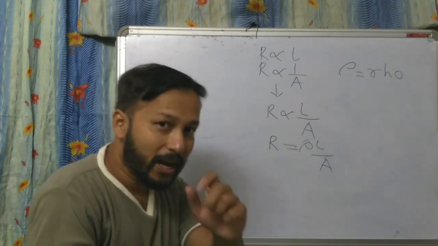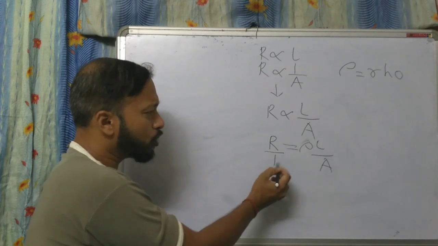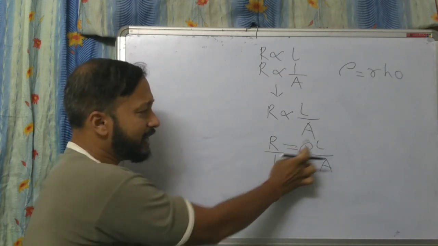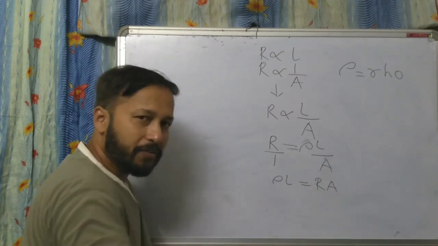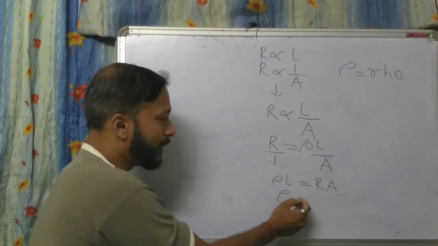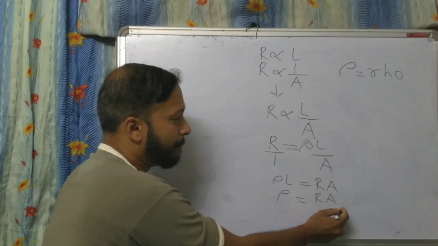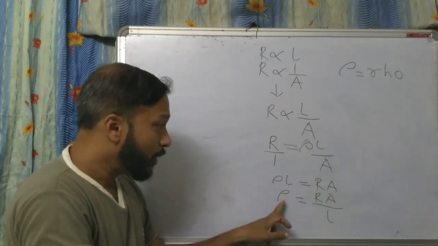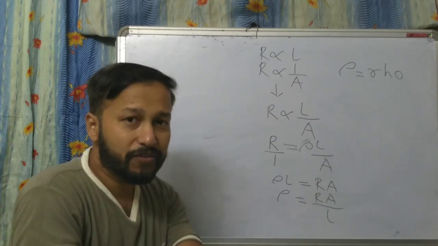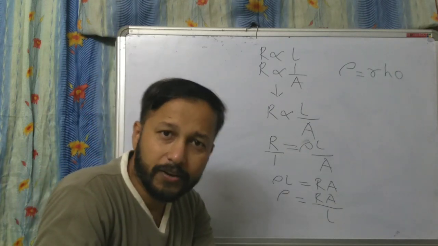Understood? Now, if you cross multiply it, what we are getting? Rho L equal to RA. Fine. So, rho equal to RA by L. Okay. Now, we know what is rho. So, rho is specific resistance or resistivity. Fine.